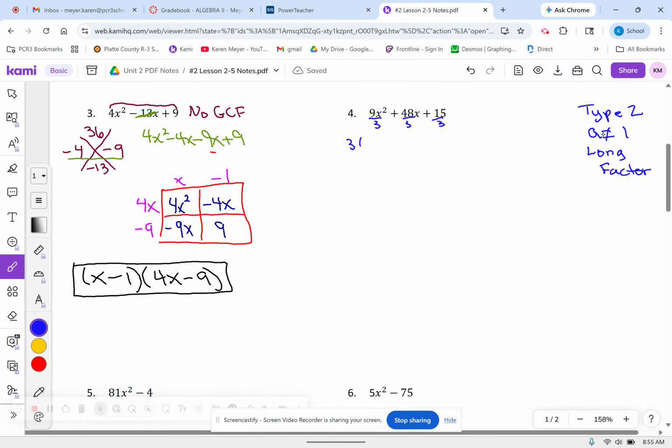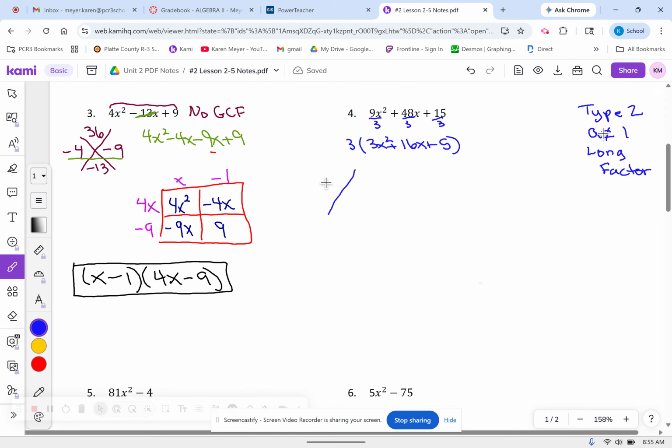So 3, and then parentheses 3x squared plus 16x plus 5. Okay, what's my A? My A is 3, so that is not 1. So we are in the long factoring category. Okay, so long factoring because A is not 1.